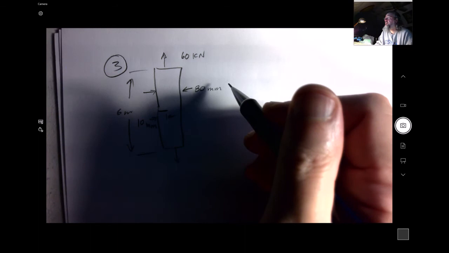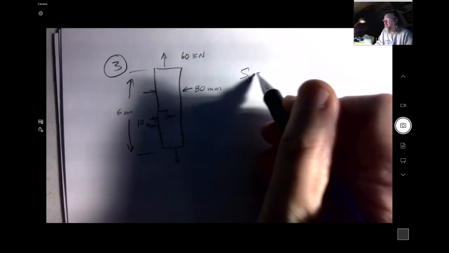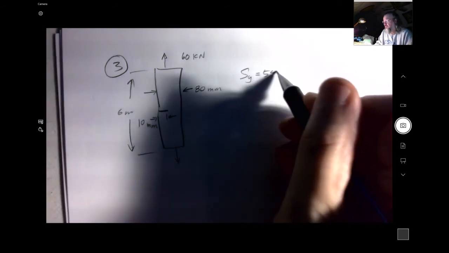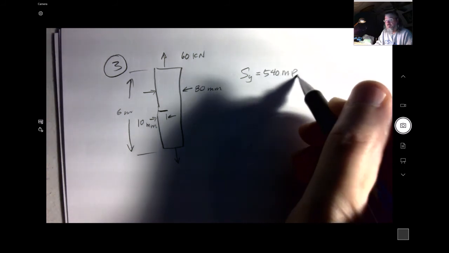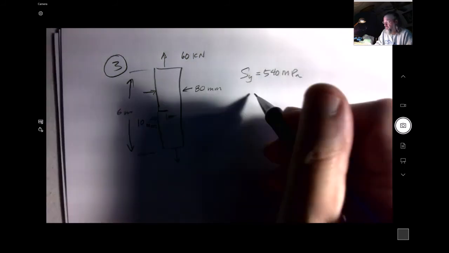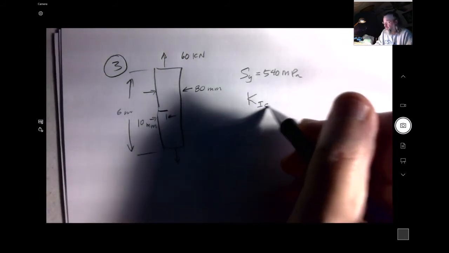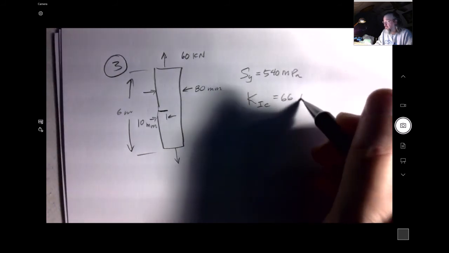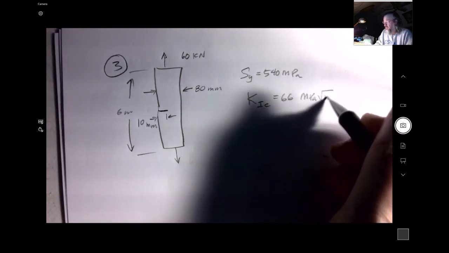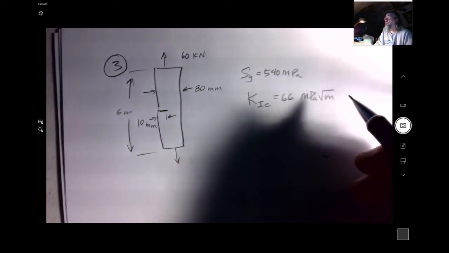What else here? Let's say the yield strength is 540 megapascals. That's something else that we were told. The critical stress intensity factor is 66 megapascal square root meter. Cool. Anything else we need to know here?